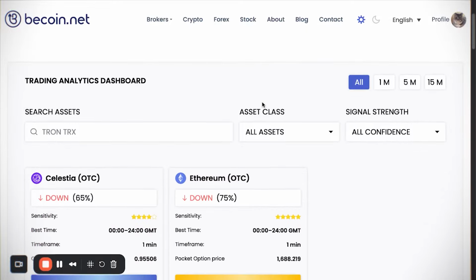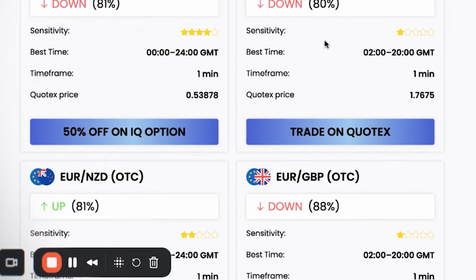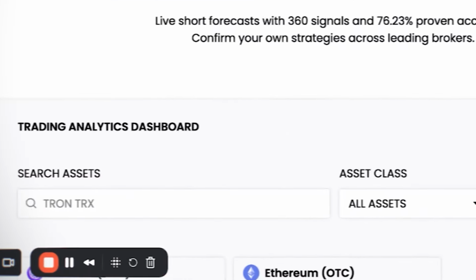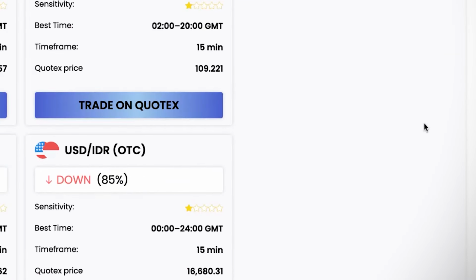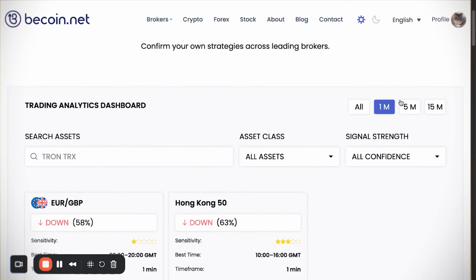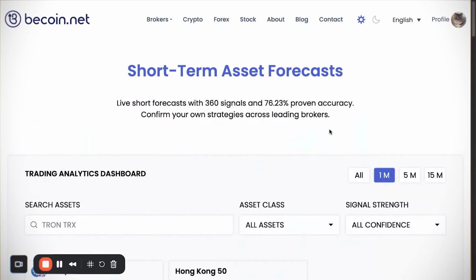So it does vary day by day, but you can see the live accuracy of each and every asset right here. You can also choose the time frames, because it's ideal for day traders. I like to choose the 1 minute or the 5 minute indicators typically, which are the trading time frames that I personally use.